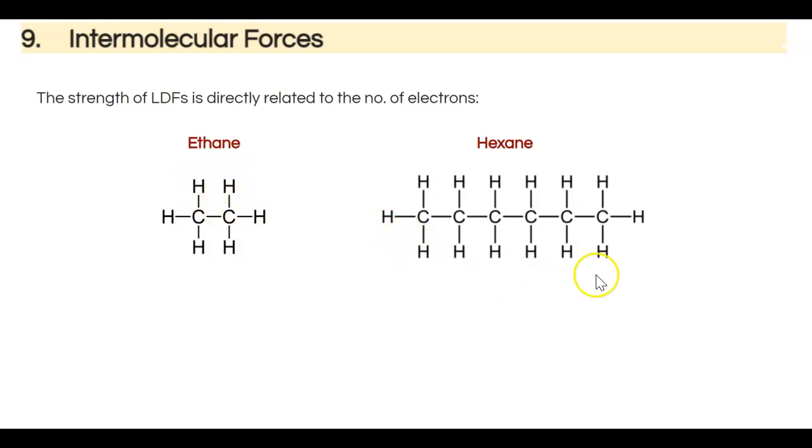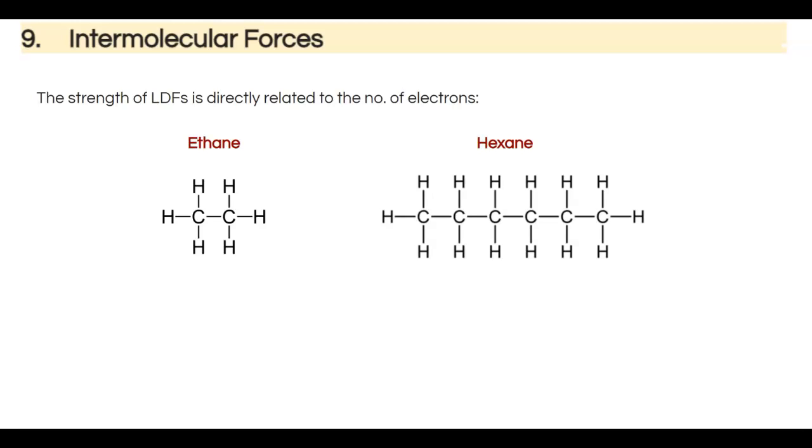But my hexane, because it's so much larger, is going to create so many more little momentary dipoles such that it will do a better job of attracting other adjacent hexane molecules towards it. And so even though both of these are nonpolar molecules, hexane is better at attracting more of its own towards itself, more LDFs.